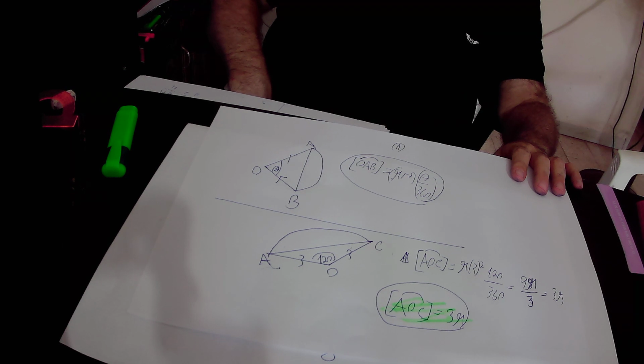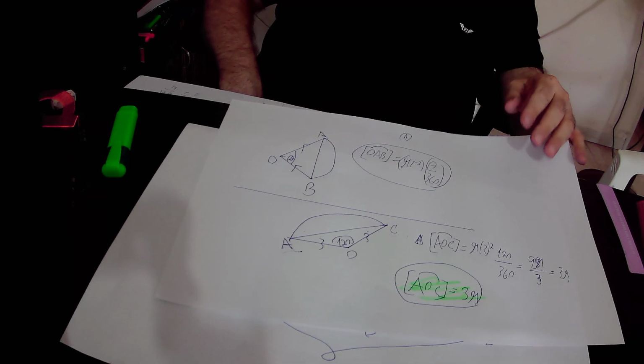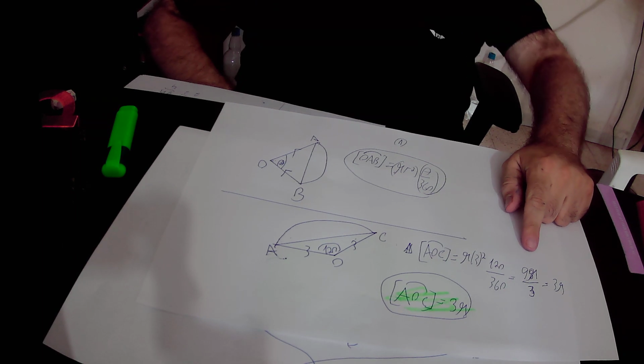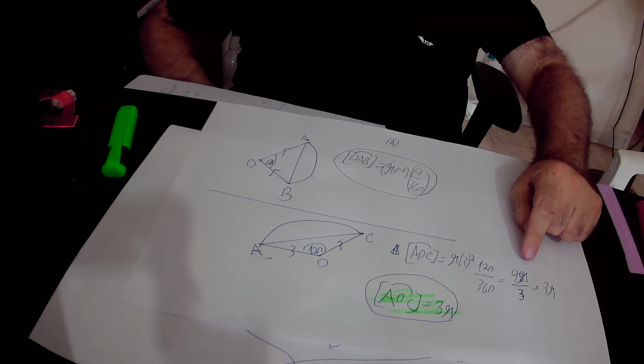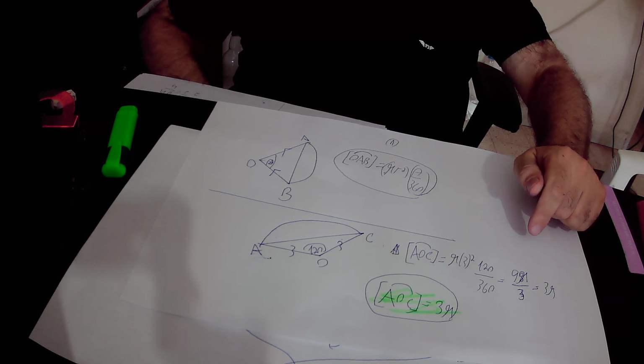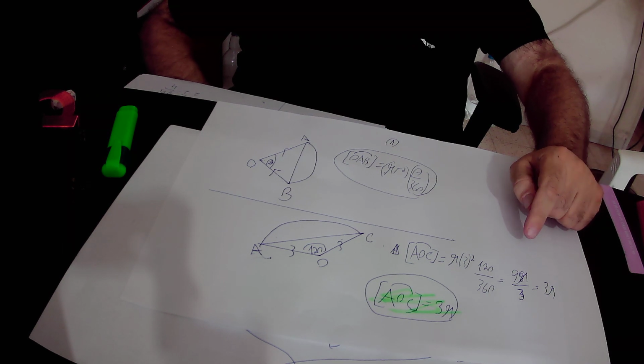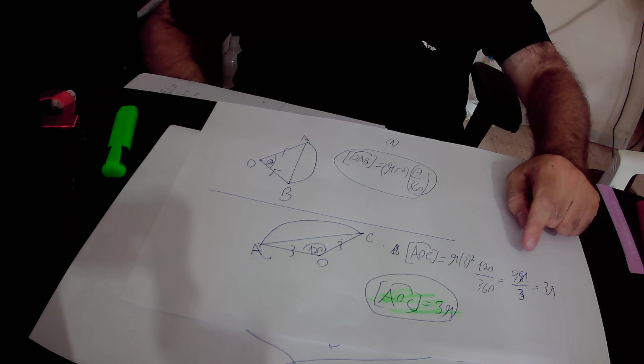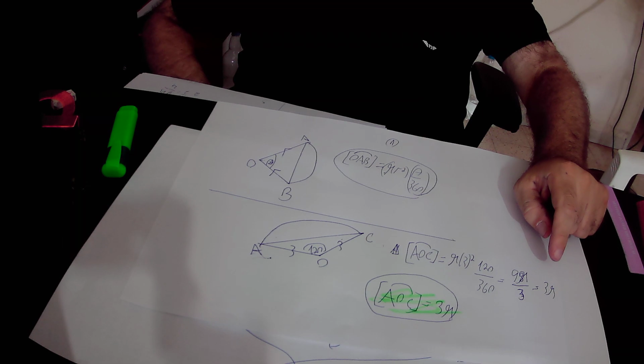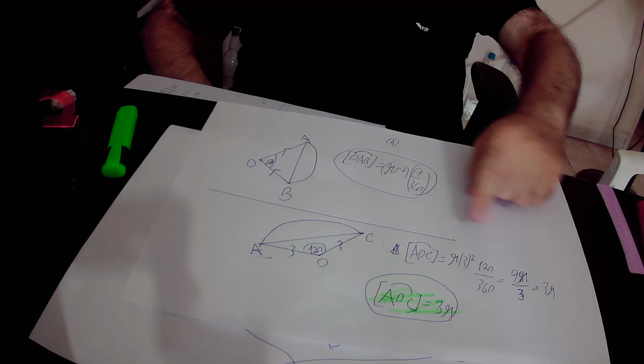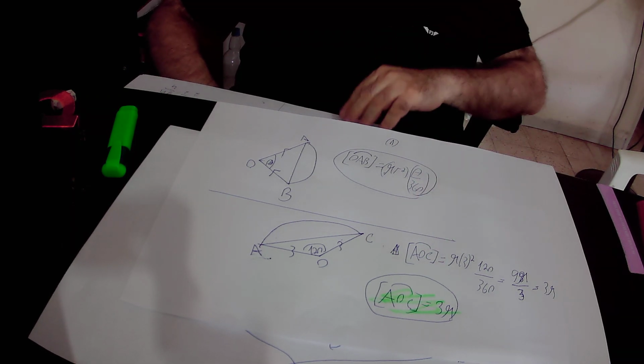Pi times 3 squared is 9 pi. 120 degrees over 360 degrees is 1/3. So the area of sector AOC equals 9 pi over 3. 9 over 3 is 3. So in total, the area of sector AOC equals 3 pi square units.